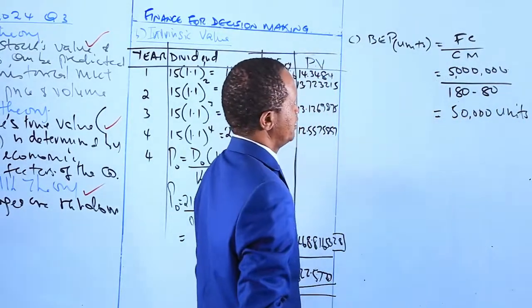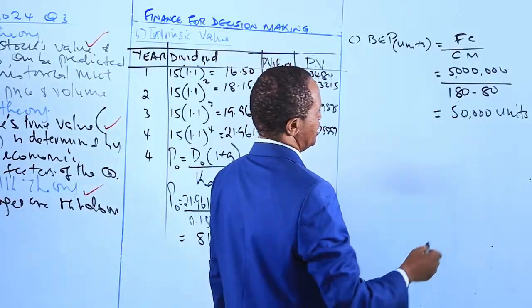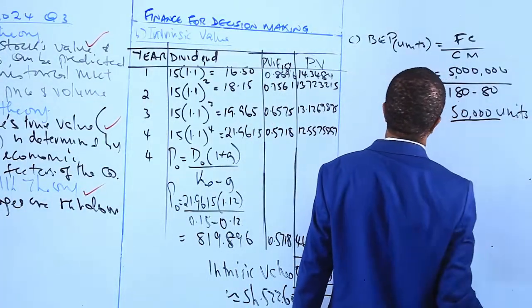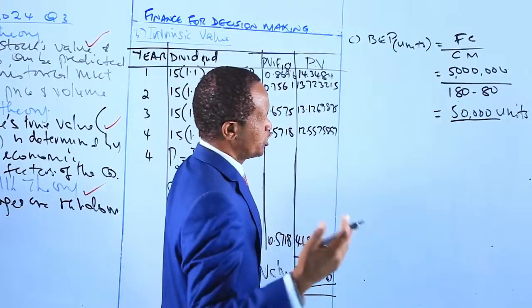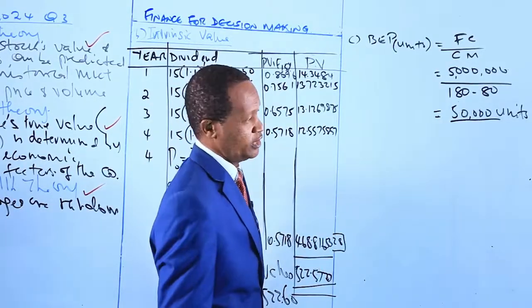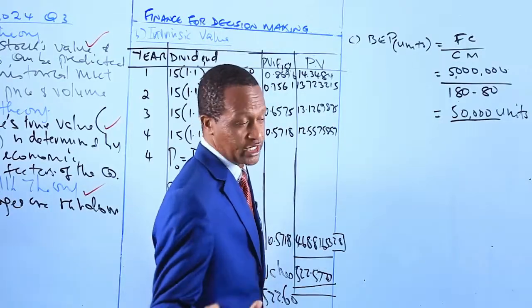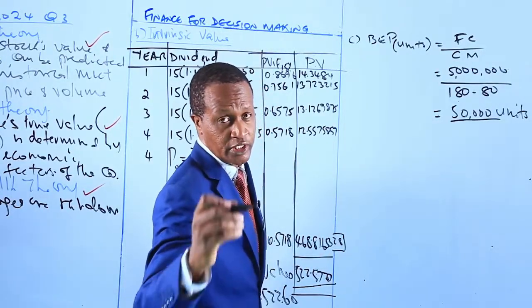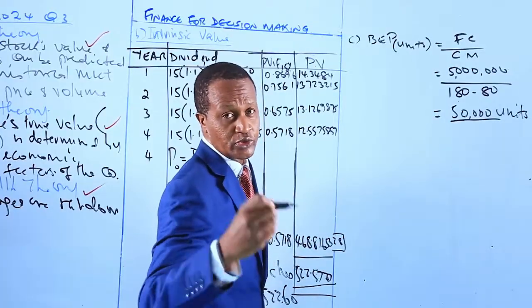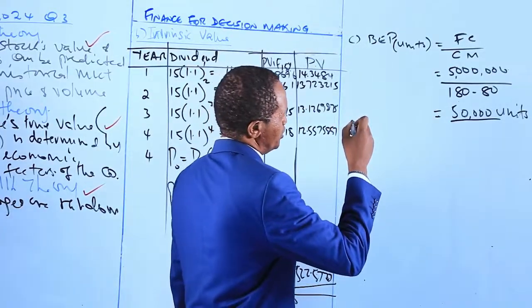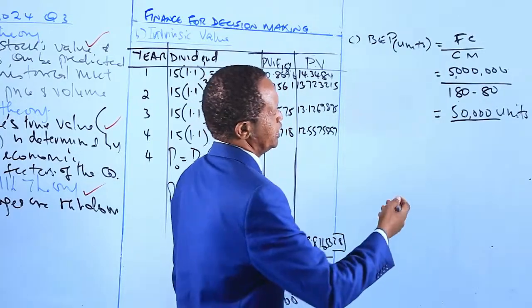Now this is the break-even point in units. That means that if the company produces 50,000 units, the company will not make any profit, because at break-even point, profit is equal to 0, which means that total cost equals total revenue. We know profit is equal to total revenue minus total cost, which will be equal to 0.